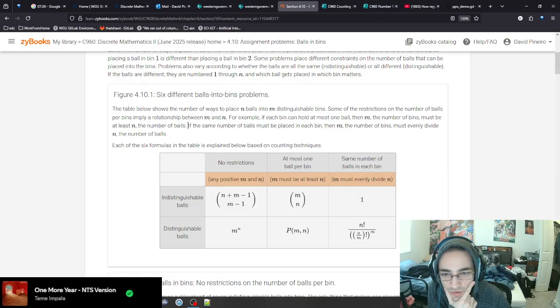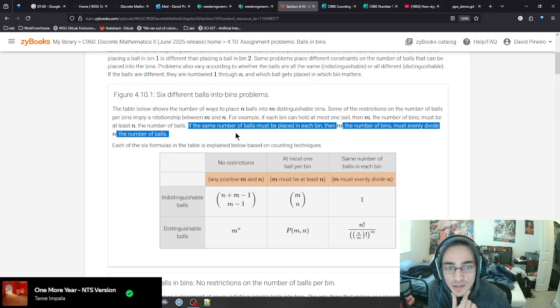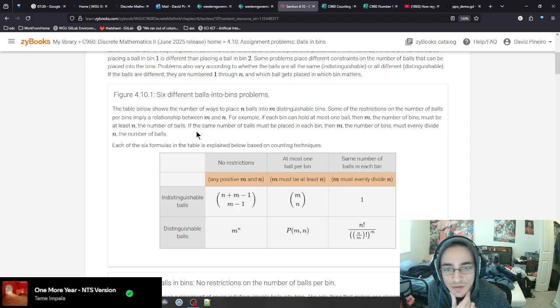I don't really know why they put this sentence. I don't understand that sentence. It must evenly divide. Oh, I mean that's true, yeah. Okay, it says, for example, each bin can hold at most one ball.